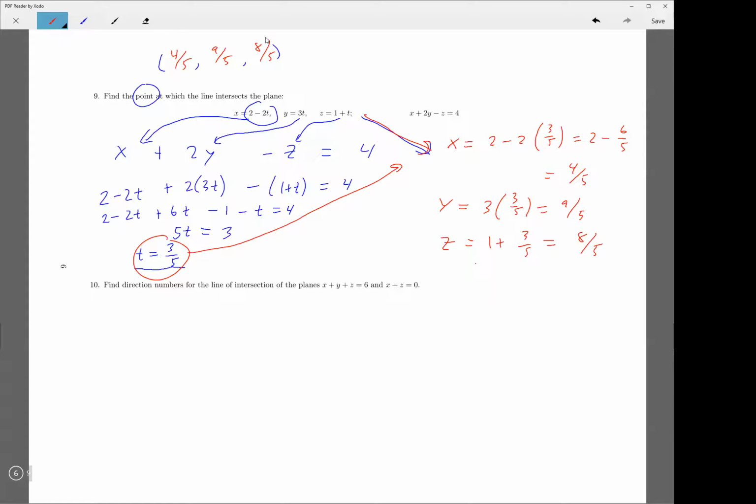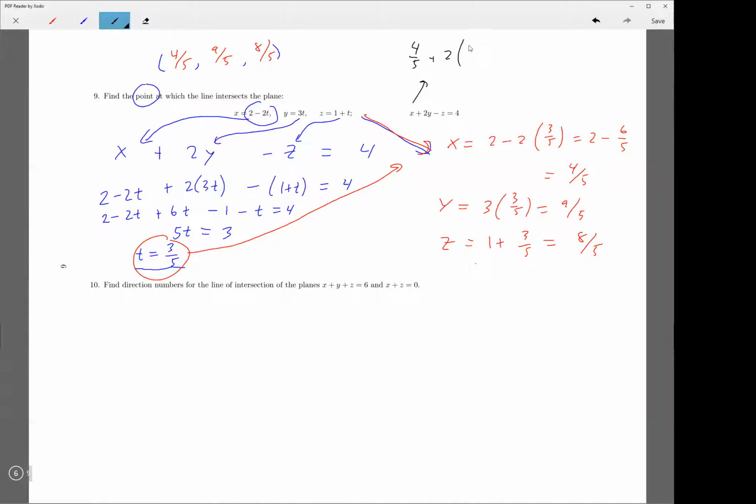Wait, did we plug those back into the big equation after we found the x and y's? Into what equation? Oh, into here? Yeah. That would be good to check. They should work, so if we plug them in there, it should work.